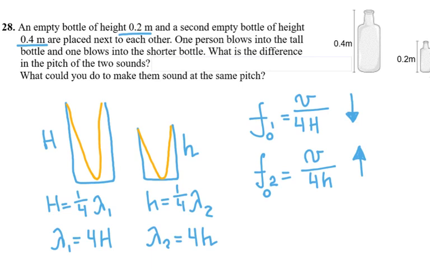And for the next question, they ask you, what would you do to make them sound the same? You would have to fill up one of them with water to make the air column the same. So if this air column is the same as this air column, then their pitch is going to be the same and they will produce the same sounds.